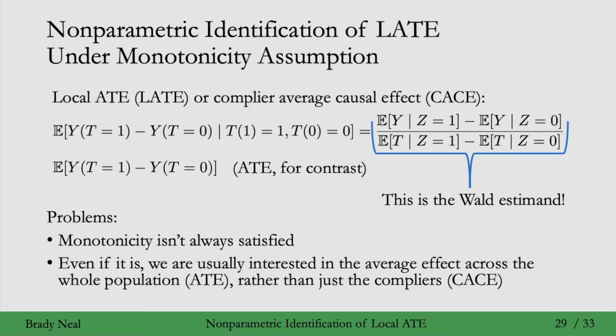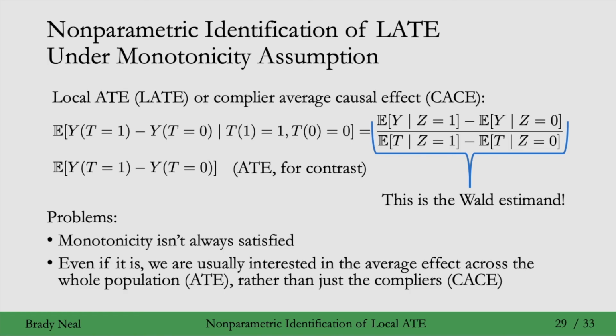And then another is that even if we do have monotonicity, even if it is satisfied, we are usually interested in the average causal effect across the whole population, rather than just in the compliers. And this is partially because we don't even know who the compliers are. We can't identify who is a complier, even given the monotonicity assumption. So if we can't identify who the compliers are, then we're not exactly sure who the complier average causal effect is referring to, right?